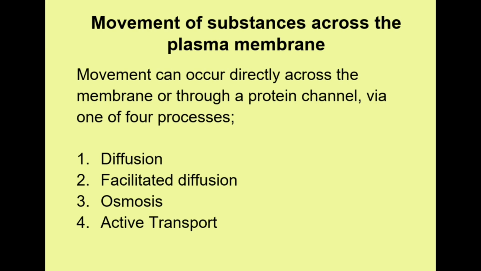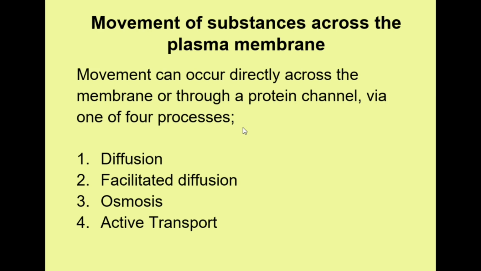Movement can occur directly across the membrane, as we just talked about, like oxygen and CO2, or they can go through those protein channels. But either way, things will move in and out of our cells via one of four modes of transport. And they are diffusion, facilitated diffusion, osmosis, and active transport.